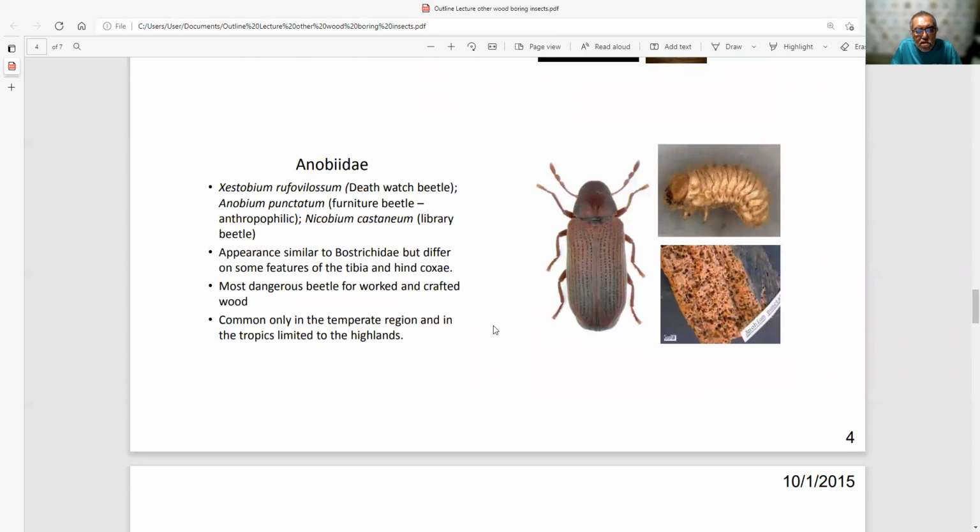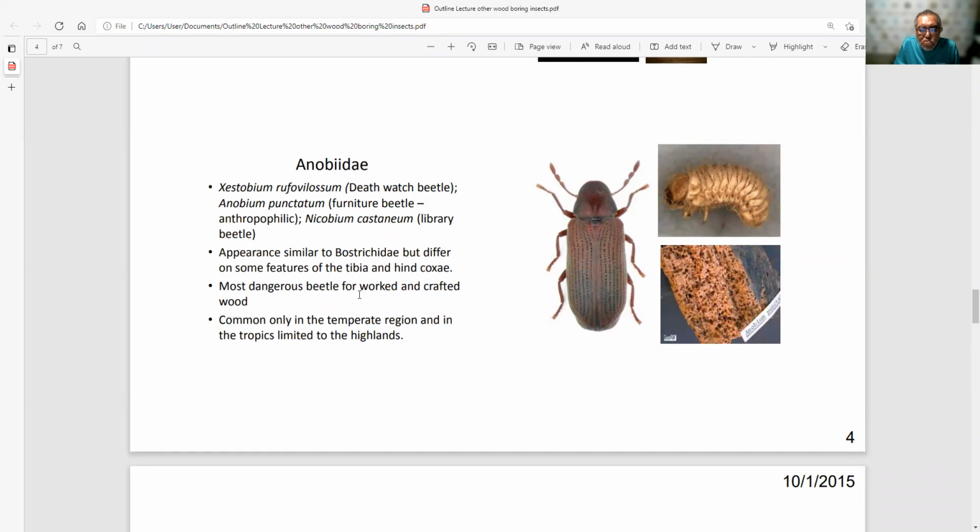Okay, Anobiidae, there are examples listed here: Xestobium rufovillosum, Anobium punctatum, Nicobium castaneum. There are so many more. Remember, there are 360,000 different species of beetles. Appearance similar to Bostrichidae, but deeper on some features. These are details, we don't have to bother about this.